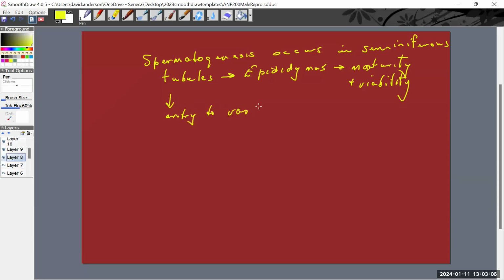Okay, and then entry from the epididymis to the vas deferens. Some of you might recognize the term vas from vasectomy. And a vasectomy is a surgical procedure that results in male infertility, because you can appreciate that if we block the vas deferens, we block the delivery of spermatozoa into the rest of the duct system.